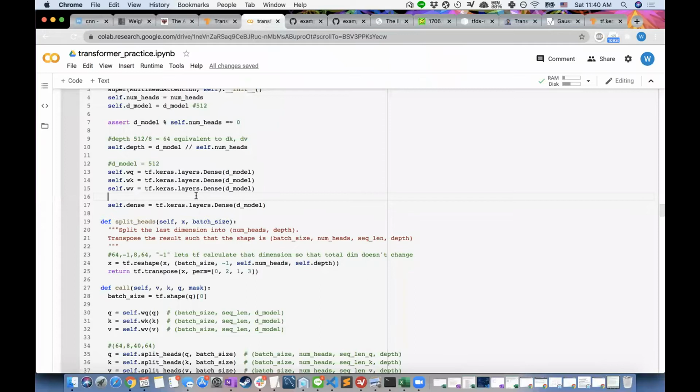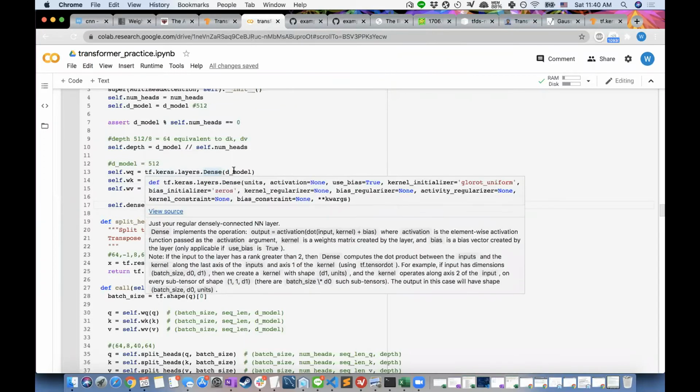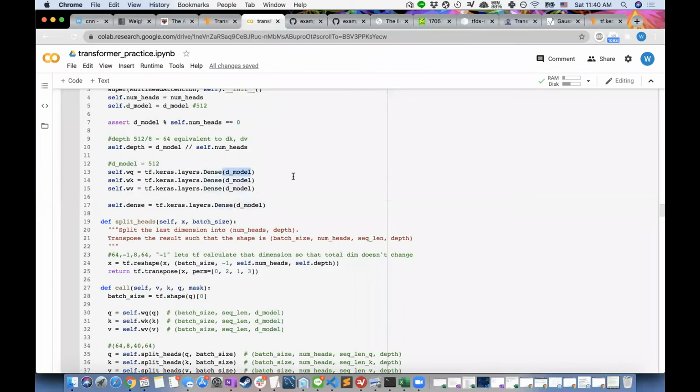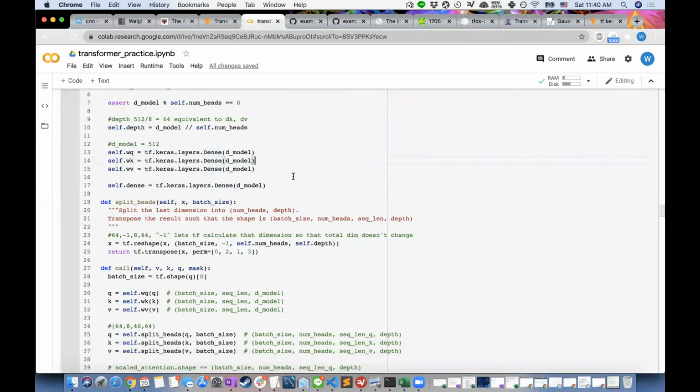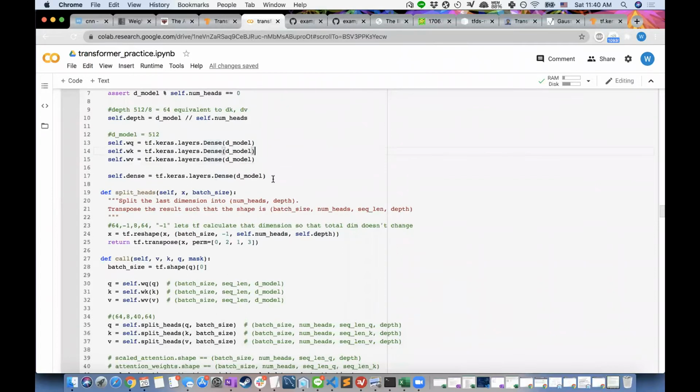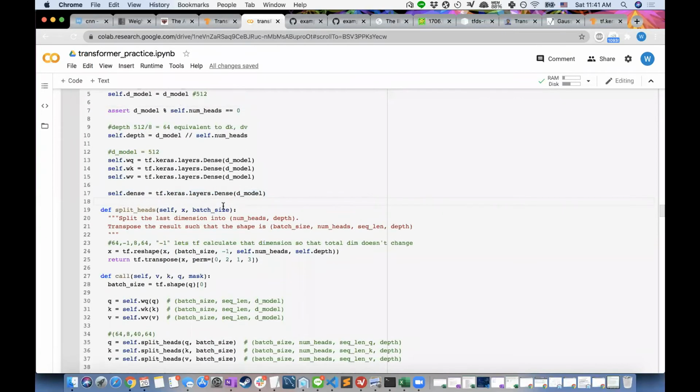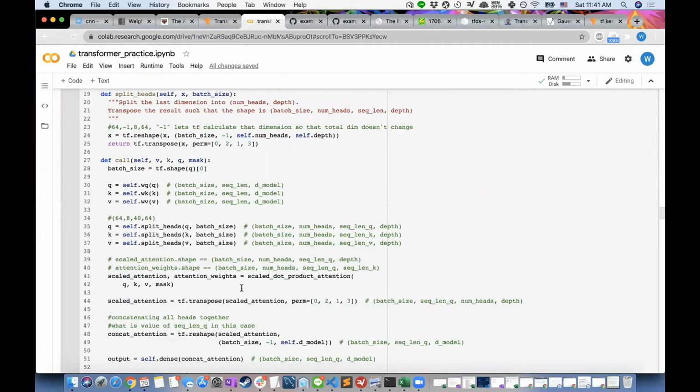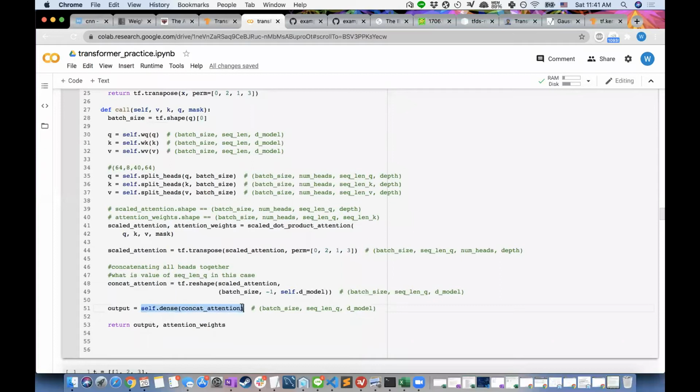The way you do that is just use tf.keras.layers.Dense, and then you can train. And this is dimension D model. Okay, self.dense, and then there's another dense, self.dense right here. And I think it's passing at the end. Yes, it's passing at the end.